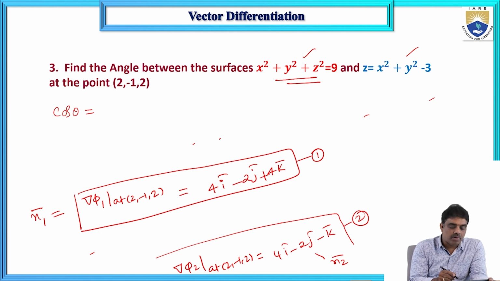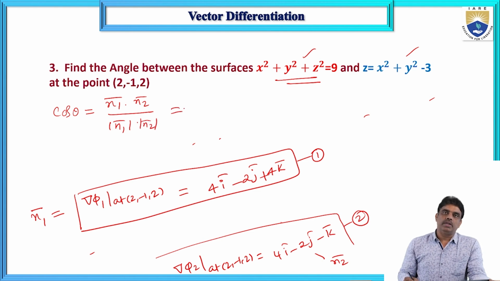For that, I use the formula cos theta is equal to n1 bar dot n2 bar by magnitude of n1 bar into magnitude of n2 bar. So I'm using this formula.